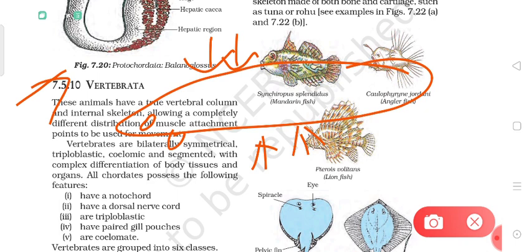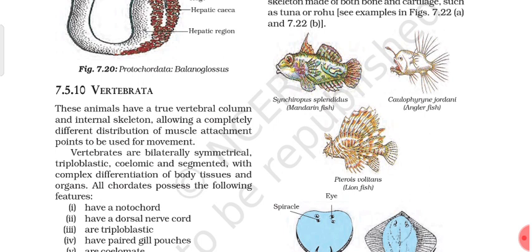This rod-like structure supports the body and provides points for the attachment of muscles. From this notochord, the term Chordata originates. Chordate animals are called chordates because they have a notochord.